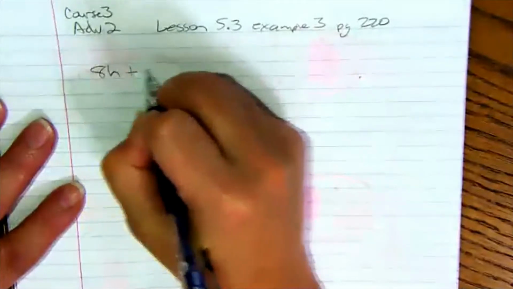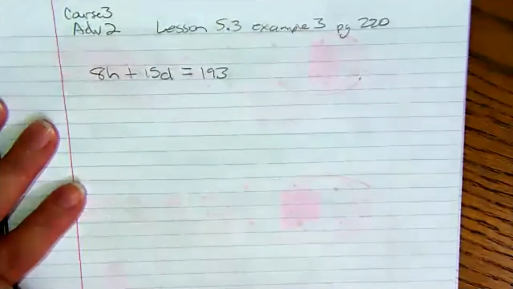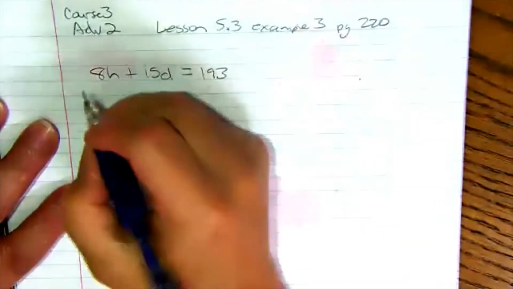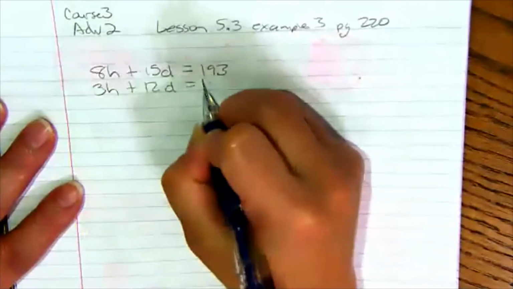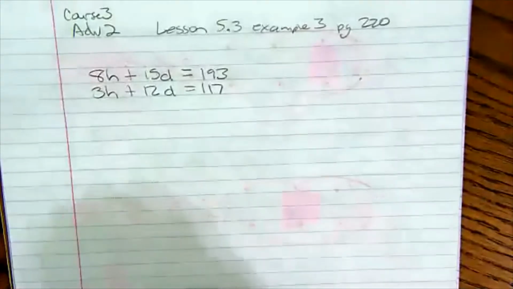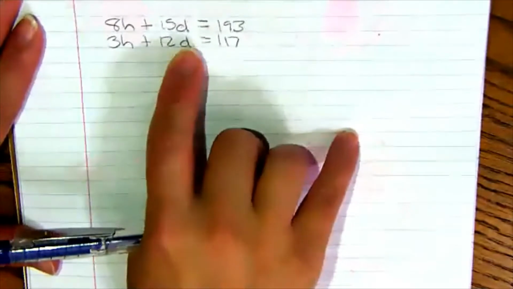Okay, so we have 8 hostas plus 15 daylilies for $193. Then my friend bought 3 hostas plus 12 daylilies for $117. And we want to know the cost of each daylily. So since we want to know the cost of each daylily, we can eliminate the hostas.